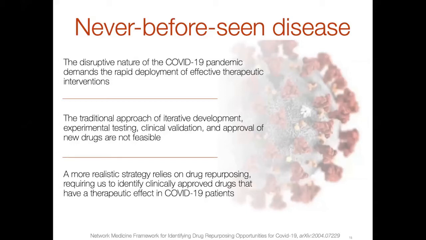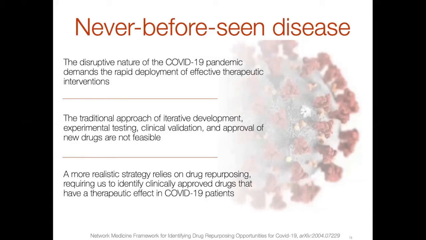Why is this really challenging from the machine learning standpoint? Working on drug repurposing for COVID is really challenging because COVID is an example of a never before seen disease. Why am I mentioning that? Because often when we train our machine learning models, we require some information about successful examples, so examples of drugs that are already used for a given disease, and we would want to expand that set of drugs by pulling in new drugs.